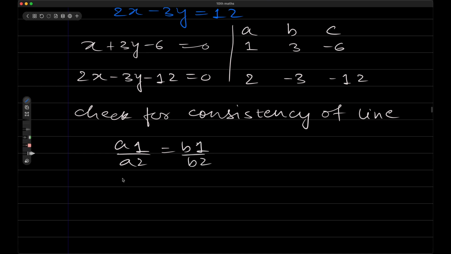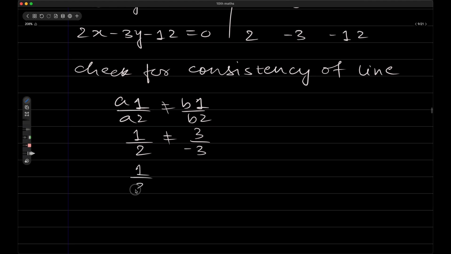Let us check 1 upon 2 equals 3 upon minus 3. These two are not equal, that is 1 upon 2 is not equal to 3 upon minus 3, which is minus 1. This is the condition for intersecting lines.